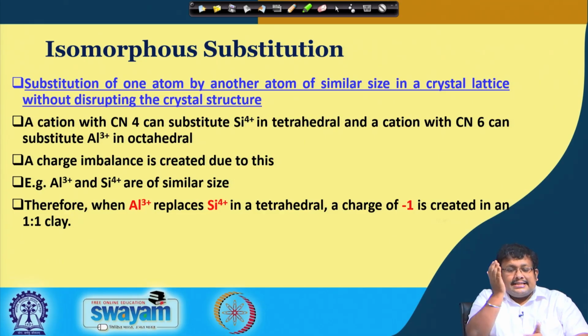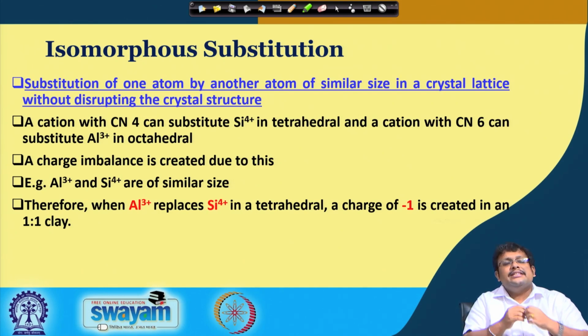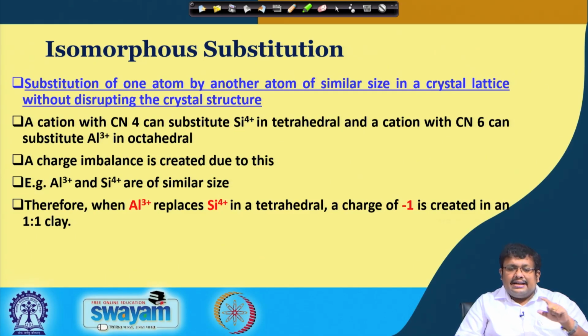So, silica can be substituted by another cation in a tetrahedral coordination which can show a coordination number of 4, for example, aluminum. So, aluminum can replace silica in a tetrahedral coordination and still maintain its structural integrity, because aluminum has almost similar size as silica.